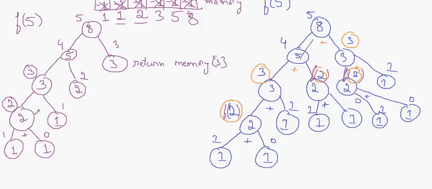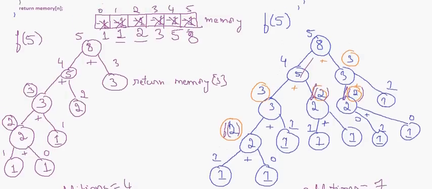So number of additions we have is 1, 2, 3 and 4, equal to 4. Number of additions here is 1, 2, 3, 4, 5, 6, 7, equal to 7.